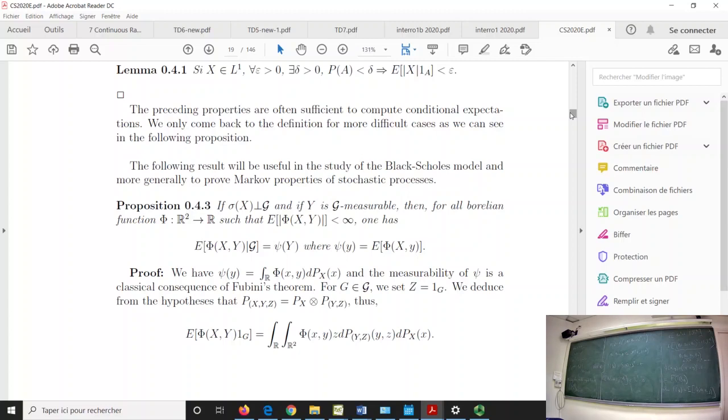In order to compute the associated capital F in the case of the last situation, you will need to know the moment generating function of a Gaussian, that you know from the characteristic function of a Gaussian. So try to do this one by yourself. It's a good training concerning what I have previously done and this proposition 0.4.3. Okay? See you.